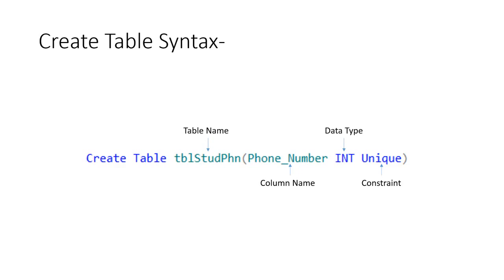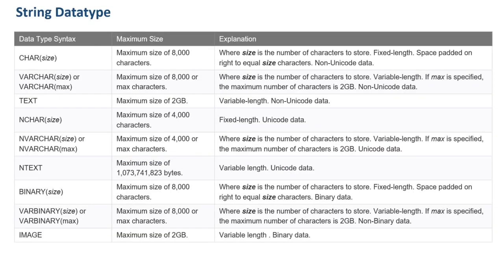With this concept, let's move forward to understand what data types are present in SQL Server. These are the string data types. Description, explanation, and maximum size are already mentioned, so you don't have to bother.